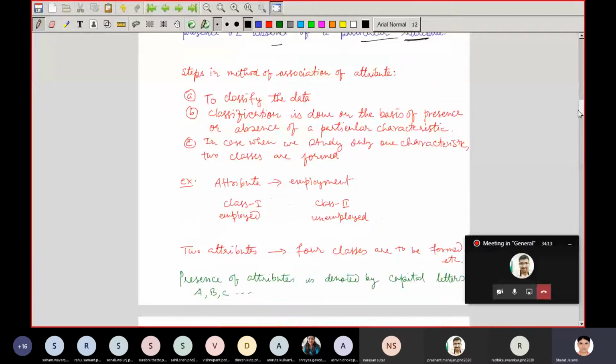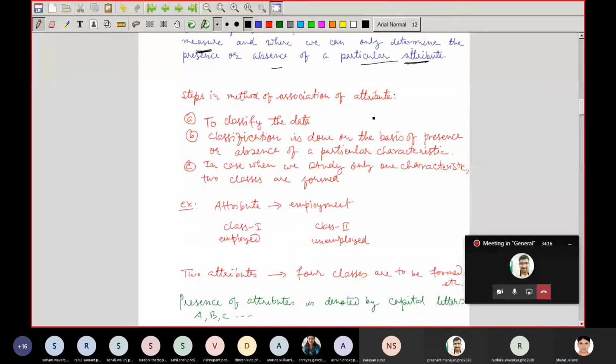There are some steps in association of attributes. We have to classify the data in classes. Classification is done on the basis of presence or absence, not on the basis of the number of quantities of a particular characteristic. If they are present or absent, there are two categories. Third, when we study only one characteristic, two classes are formed.